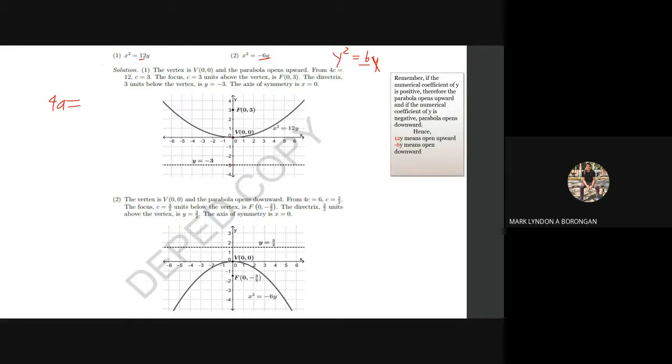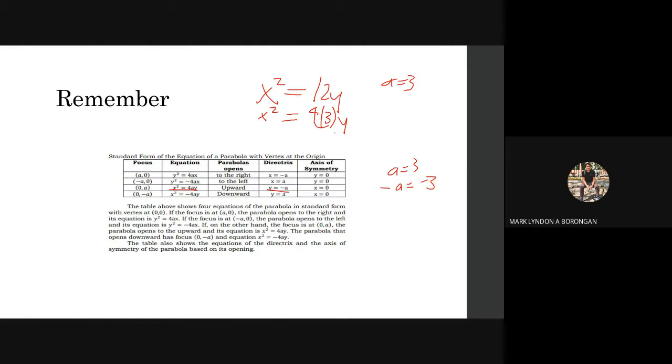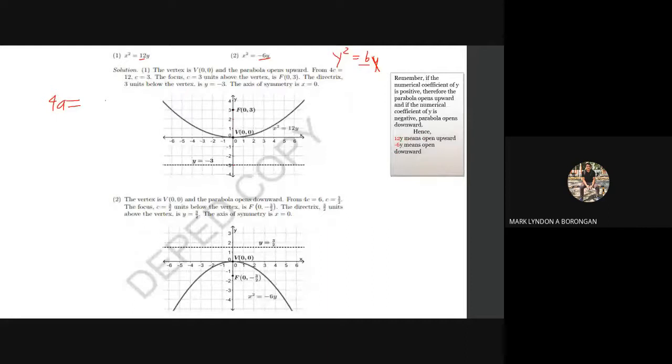For this, guys, to make it easier, I showed you another way to find our a. You can also do this. 4a is equal to 12. Divide both sides by 4. So our a will just be equal to 3. For the second example, you equate 4a is equal to 6.